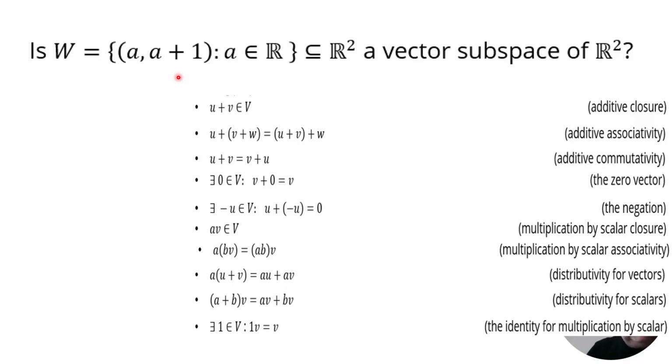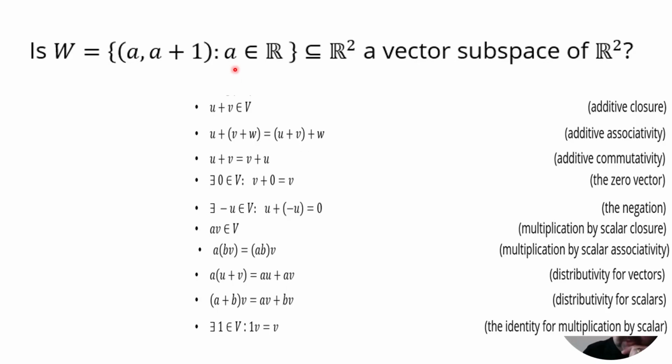If you have (A, A plus 1) and you multiply it by 2, the first component will be 2A, and the second will be 2A plus 2, not 2A plus 1, which is a failure in the form of this vector shape. So no, it doesn't represent a subvector space. I will add one more reason.